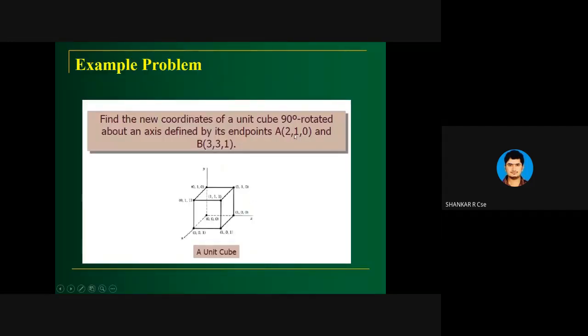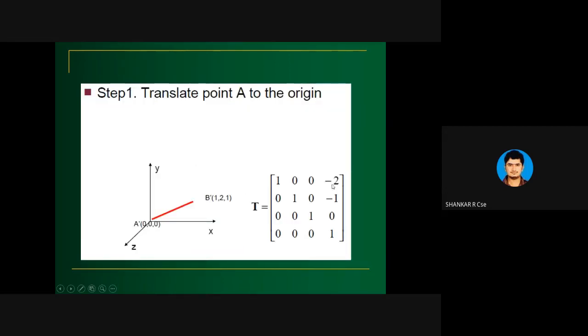So what is A? 2,1,0. You need to subtract minus 2, minus 1, minus 0, so that A comes to origin. So 2 minus 2 is 0, 1 minus 1 is 0, 0 minus 0 is 0. Since B follows A, whatever amounts you have subtracted from A, you need to subtract the same amounts from B. A's x coordinate is 2, you are subtracting 2, so A comes to 0.